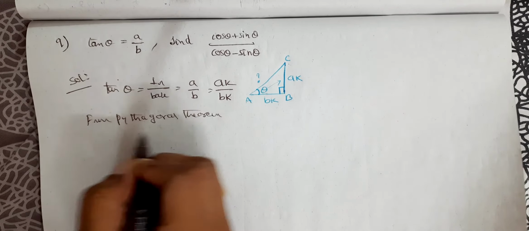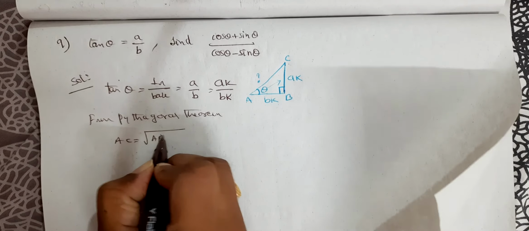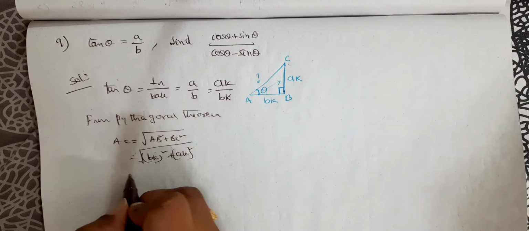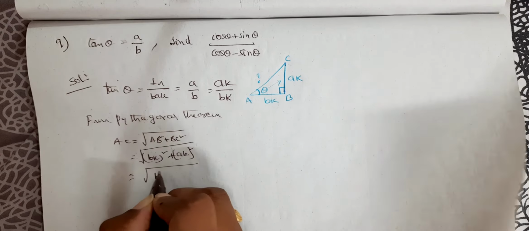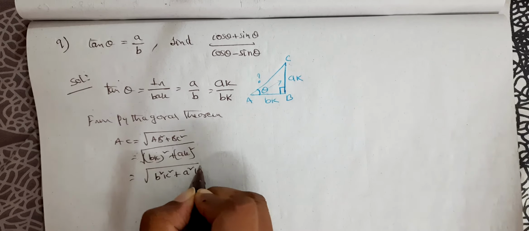From Pythagoras theorem, you have AC is equal to square root of AB square plus BC square. So it is BK whole square plus AK whole square under root. So now under the root you have BK whole square, means B square K square plus A square K square.